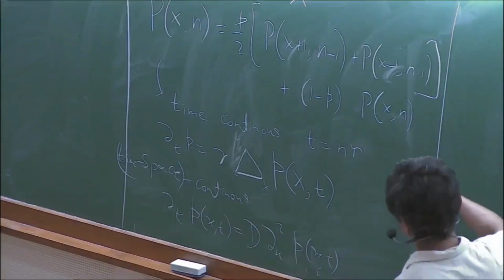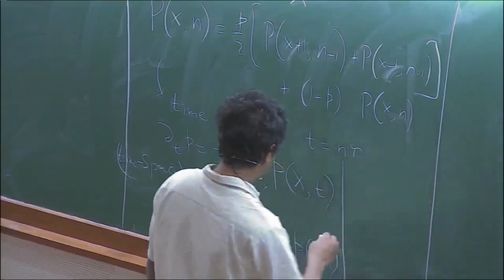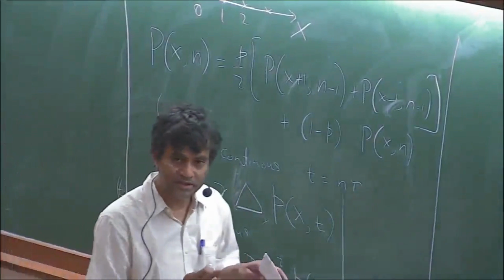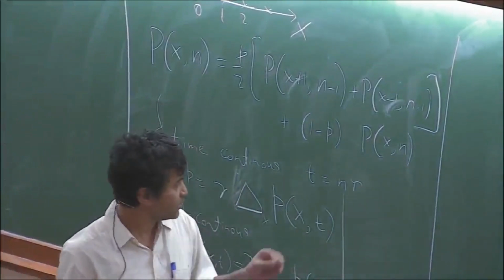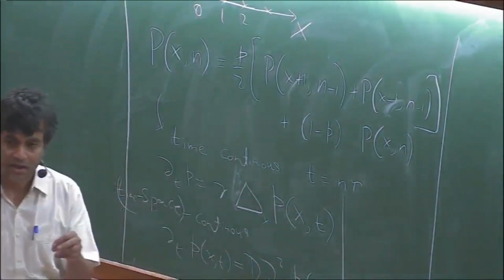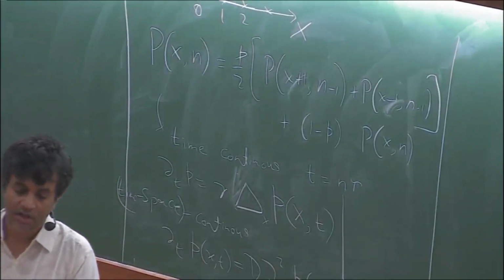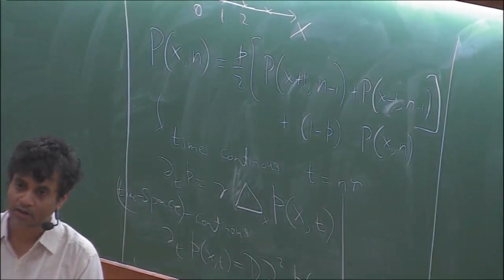And so one of the most important properties of the random walk: if you have a large number of them, then it describes what happens if you put a drop of ink in water, how does it spread?